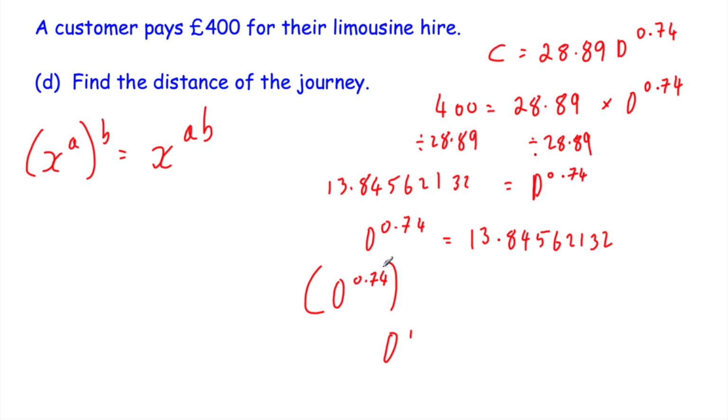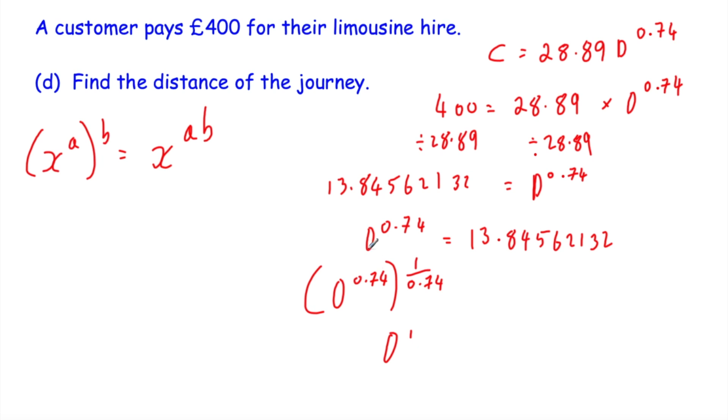A number multiplied by its reciprocal is always equal to 1, so our power will be 1 over 0.74. 1 over 0.74 is the reciprocal of 0.74, and if you multiply these two together, you get 0.74 over 0.74, and that's equal to 1.